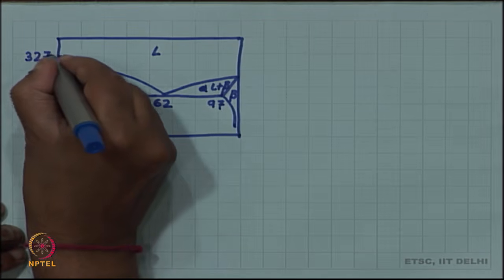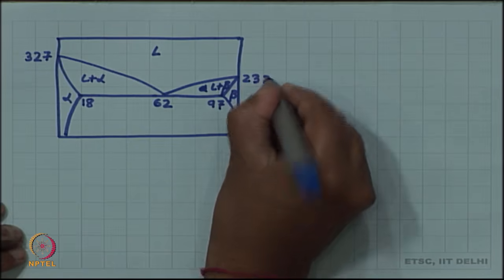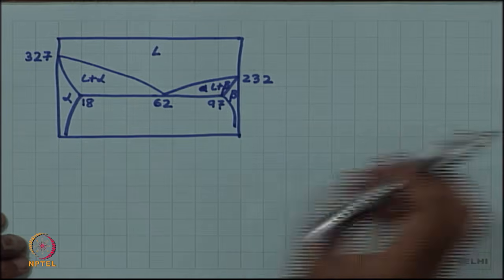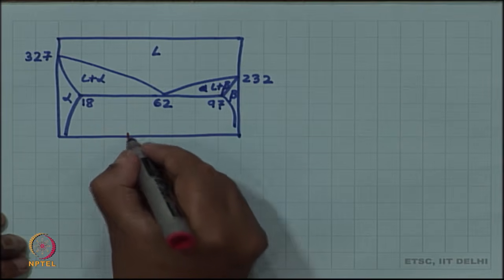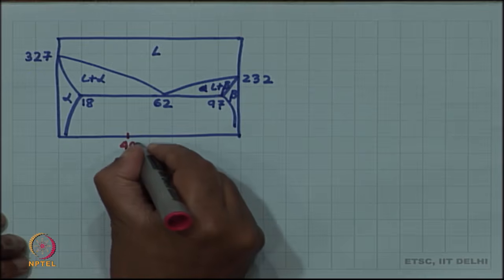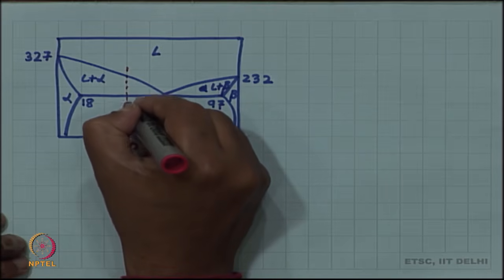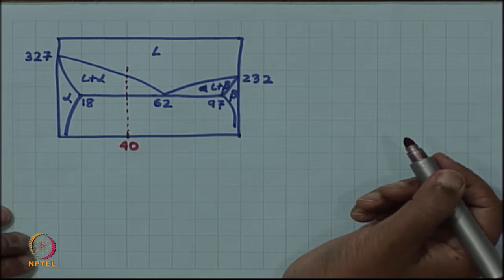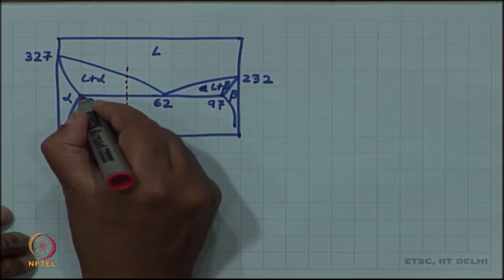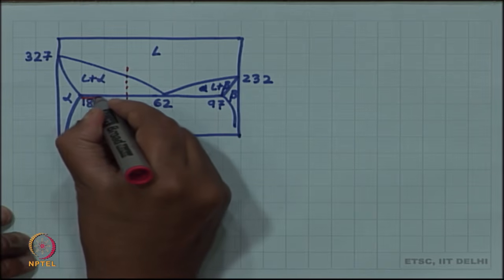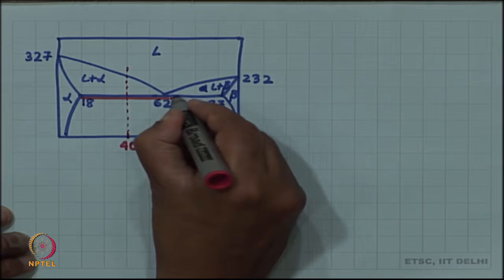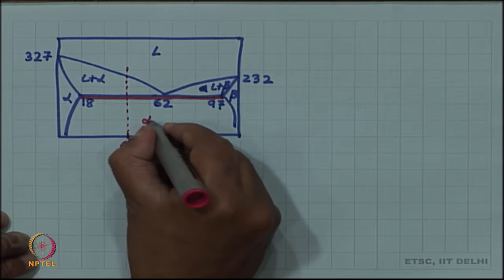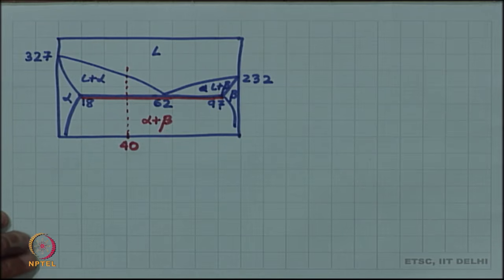This is 327 and this is 232. So, we are familiar with this diagram by now, and all I am saying is that we are talking of a 40% alloy, a hypoeutectic alloy, and we want to know what is the total alpha and total beta in this alloy. If we want to find total alpha and total beta, we draw a horizontal tie line just below the eutectic, in the two phase field alpha plus beta.